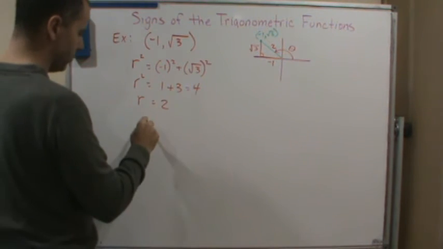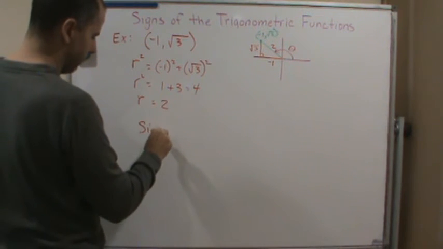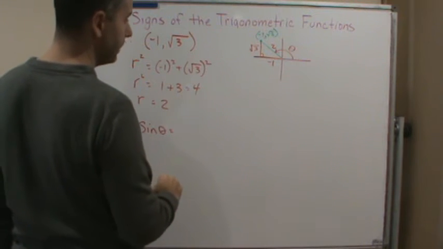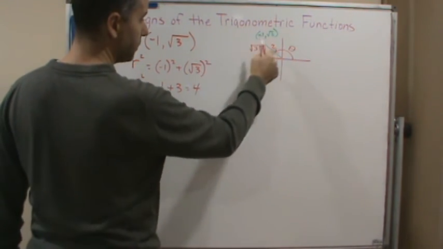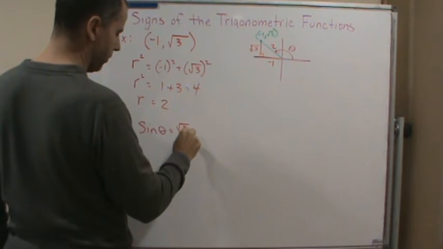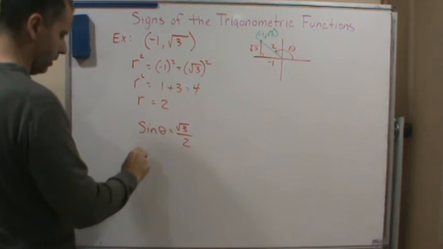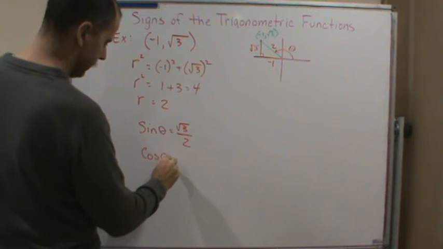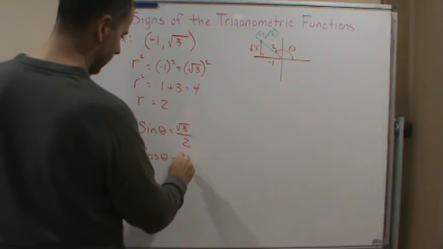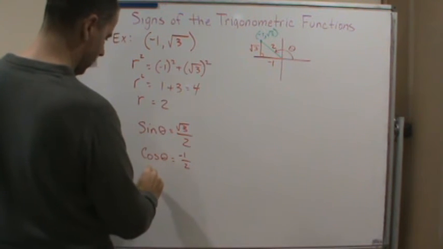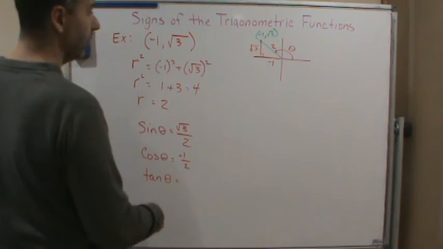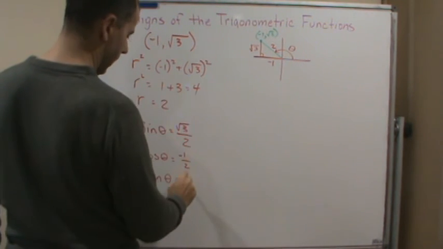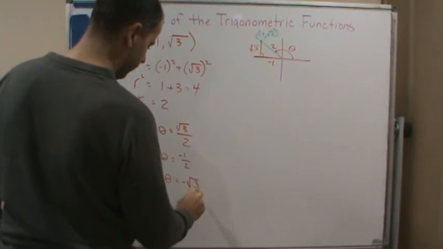So now I know sine of theta is equal to what? Opposite over hypotenuse, so this is the square root of 3 over 2. Cosine theta is going to be -1/2. Tangent of theta is going to be negative square root of 3.